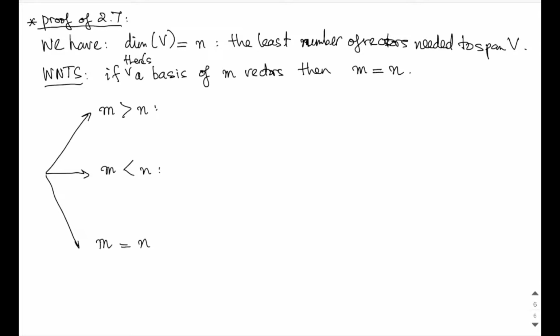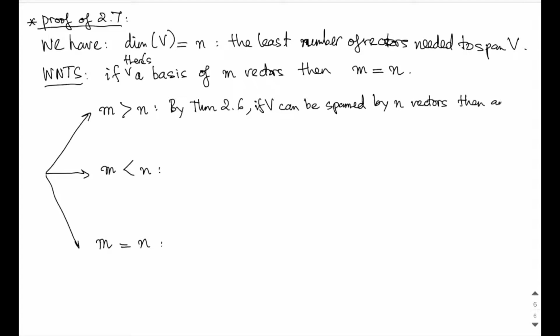Now, if we can prove that the former two cases cannot be the case, then the last case is what we are going to have. That's the strategy. So what will happen if m is greater than n? By theorem 2.6, V can be spanned by n vectors.